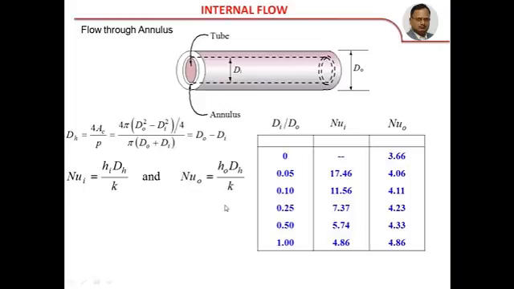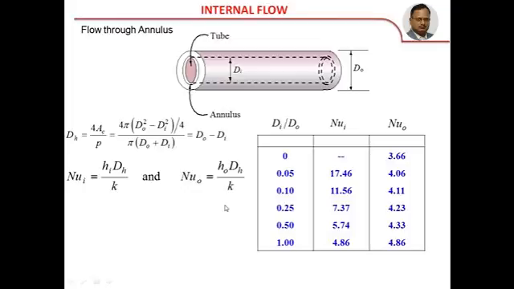So the analysis of heat transfer in the entrance region is a little bit complicated. So most of the time we assume that the flow is fully developed and calculate the heat transfer coefficients. For laminar flow, Nusselt number is a constant. It is 3.66 for constant wall temperature and 4.36 for constant heat flux.